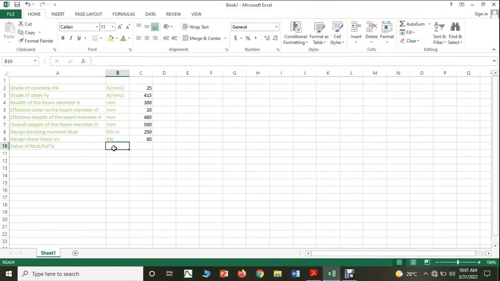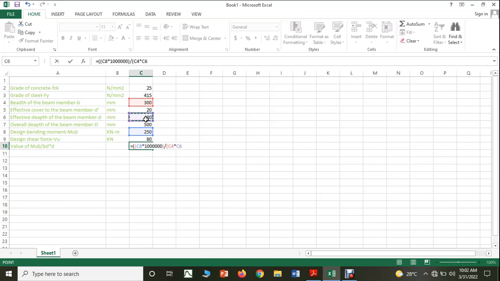So it will not have any unit. What you are supposed to do is, it will be equal to, I'll open two brackets. First I want MUB, and this I have to multiply by 10 power 6 in order to convert it from kilonewton meter to Newton mm, divided by B into small d two times.